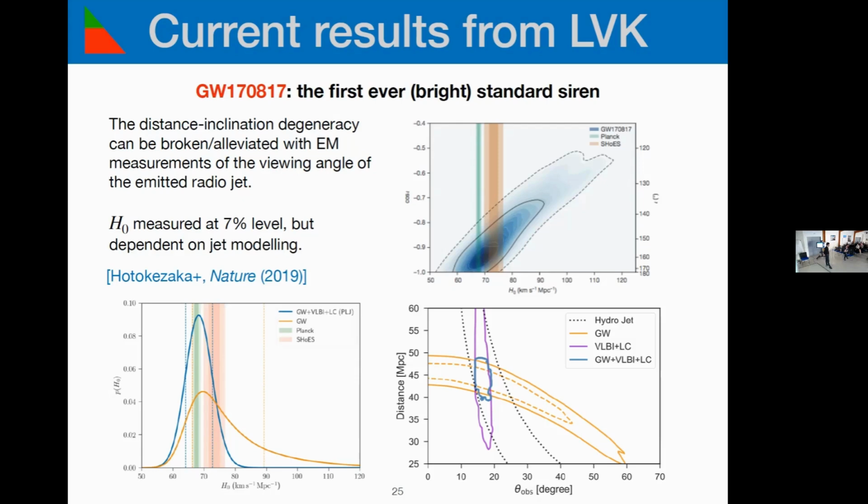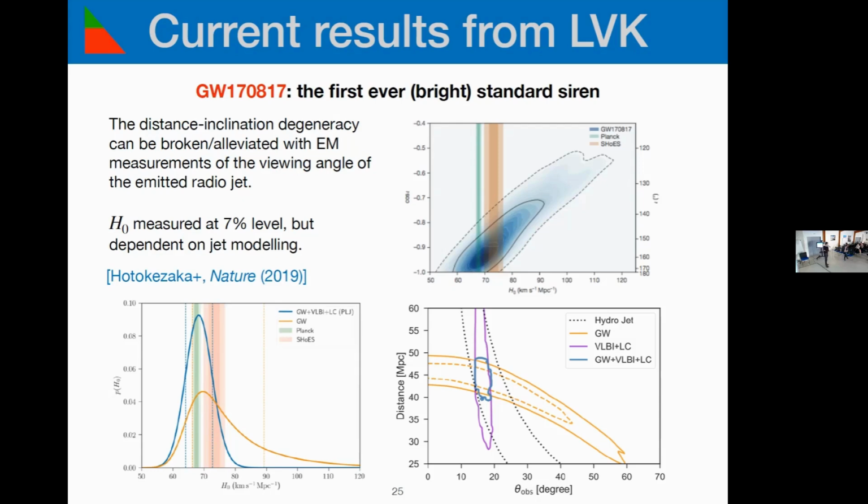Because we fundamentally don't know whether the jet is perfectly aligned with the orbital angular momentum axis of the system, they were showing that if the jet direction differs from the direction of the angular momentum by just a few degrees, you get several percent more error on the Hubble constant. So there are also fundamental things we don't understand about these systems.